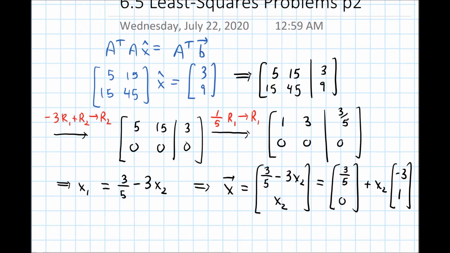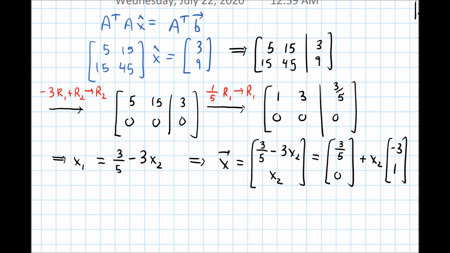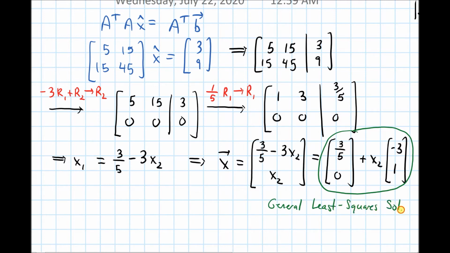All right. So there are a couple of things that I want to notice about this. So the first is, what we have here, this solution, this is our general least squares solution. Our least square solution, so what x hat should be, looks like this.